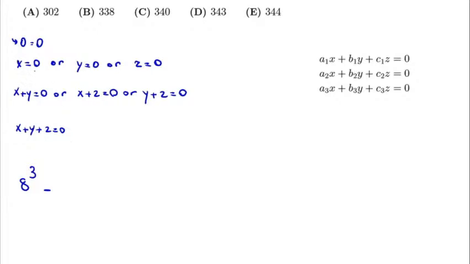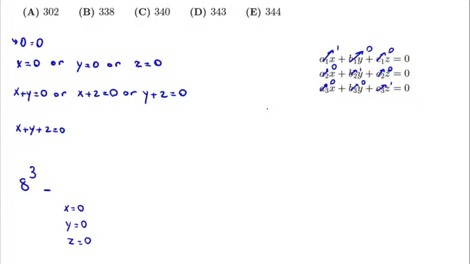So if we select 3 of the same terms, for example, for one of them, we select coefficients such that x equals 0, y equals 0, z equals 0. For example, for the first term, you consider this is 0, this is 0, this is 1. For the next term, you consider it is 0, it is 1, it is 0. And for the other case, you consider it is 0, it is 0, it is 1.